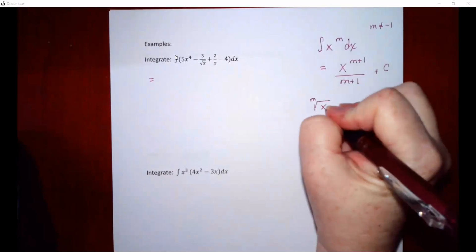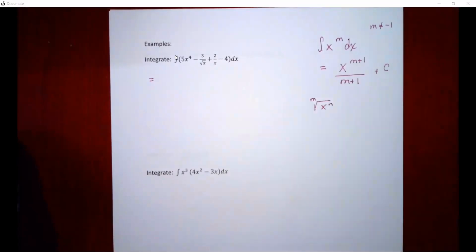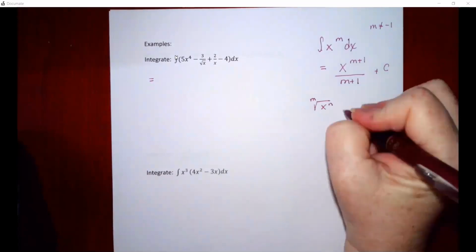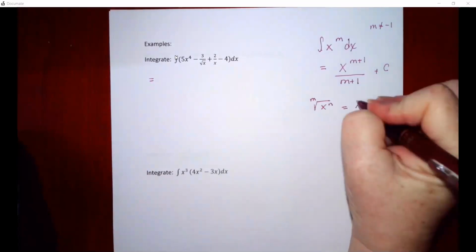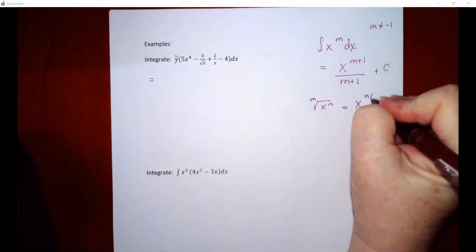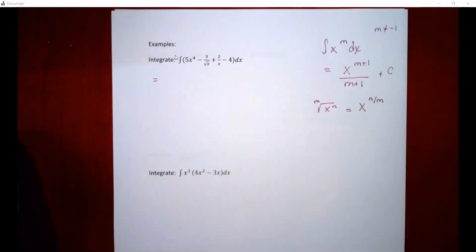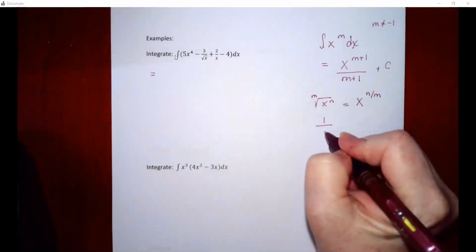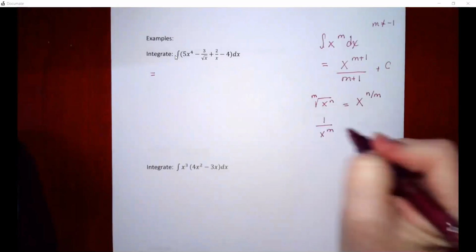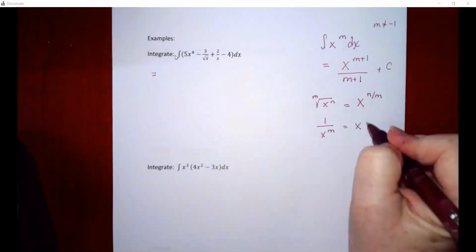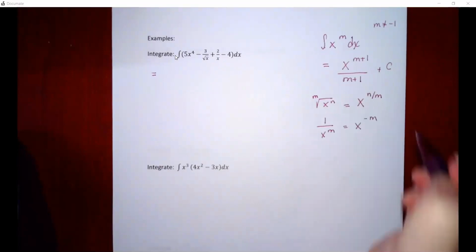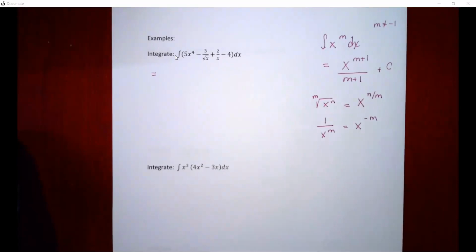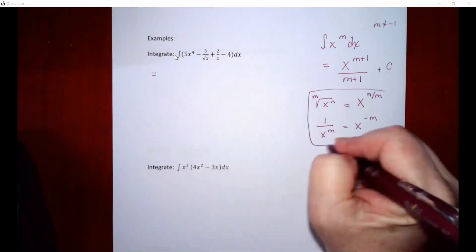If you have the mth root of x to the n, remember that can be written as x to the n over m. And if you have 1 over x to a power, that's the same thing as x to the negative of that power. So this is just a little reminder about how radicals work.